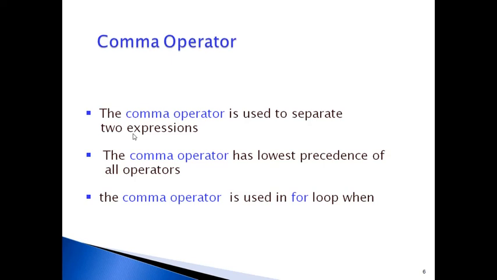The comma operator is used in a for loop when there are multiple expressions. For example, if you want to check two conditions at a time, we use the comma operator in the for loop.